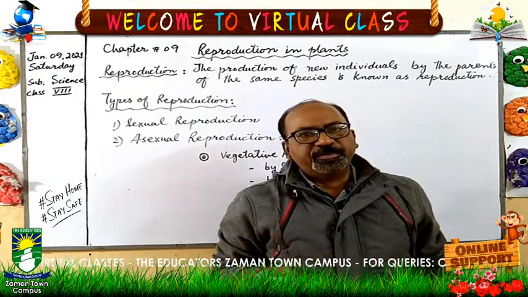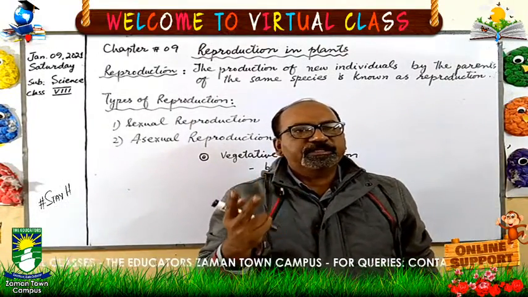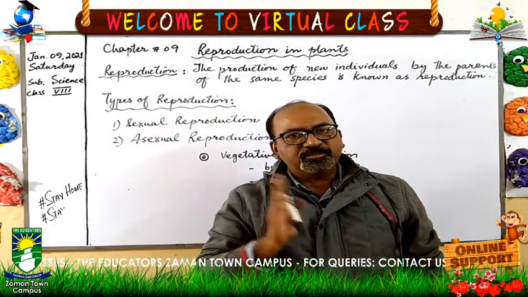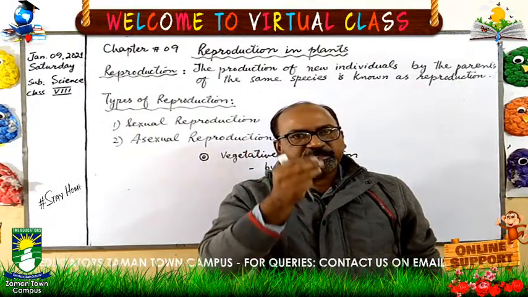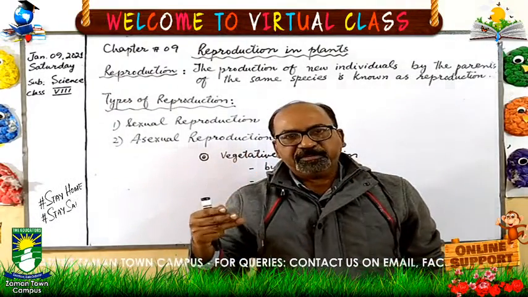In sexual reproduction, two parents are involved. In plants as well, in flowers, there are a male part and a female part.